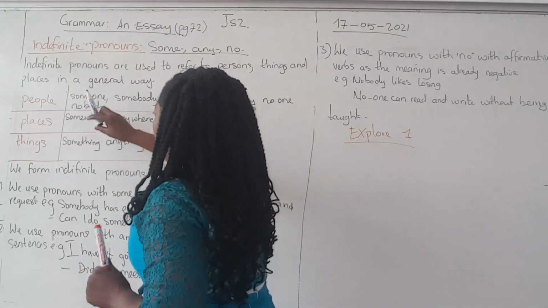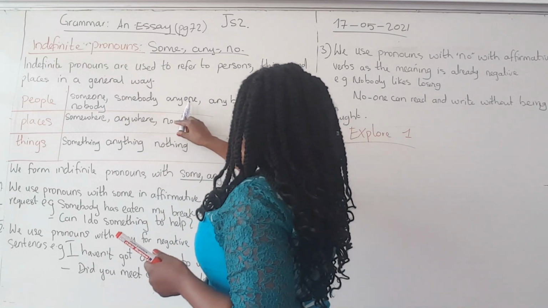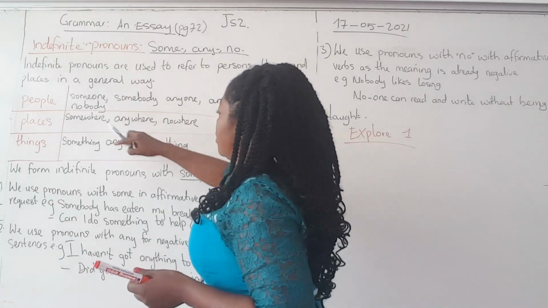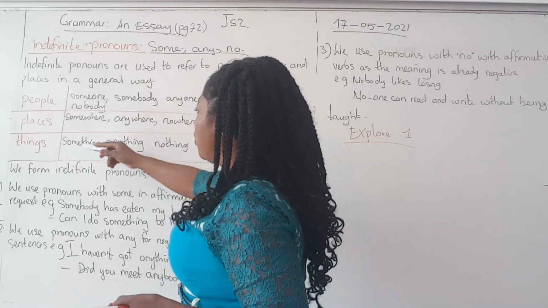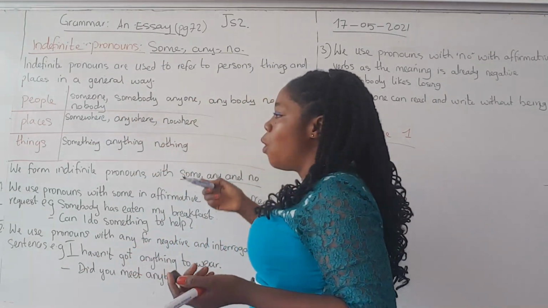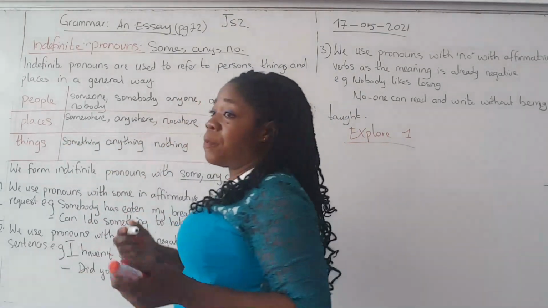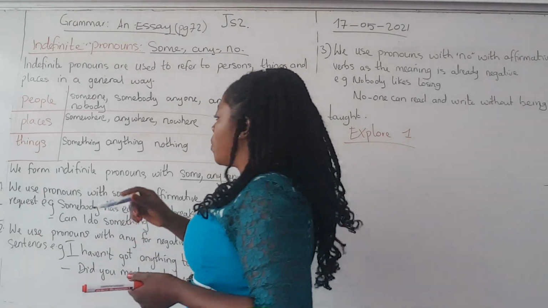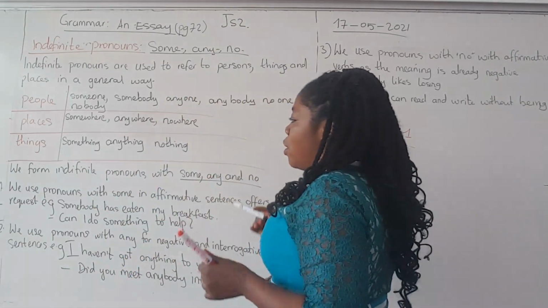For people, we use someone, somebody, anyone, anybody, no one, nobody. When we are talking about places, we use somewhere, anywhere, and nowhere. If you are referring to things, we use something, anything, or nothing.